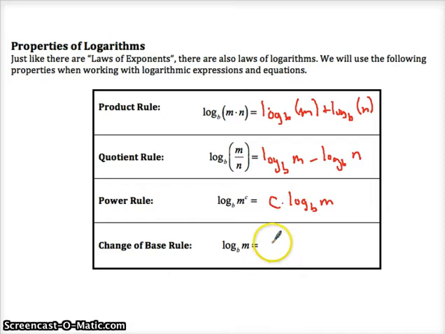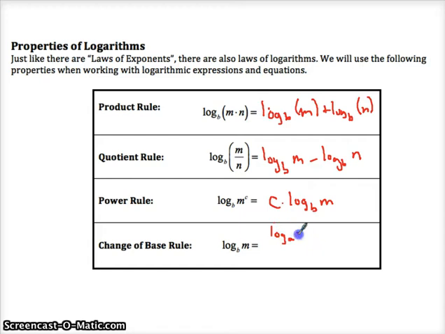And the change of base rule. This is actually maybe the most interesting one. You use this a lot, especially if your calculator has limited functionality. If you knew one of these bases was easier to compute than another one, or you just had some other base you really like to use better, or for whatever reason you want to change bases, you could invent a new base here.